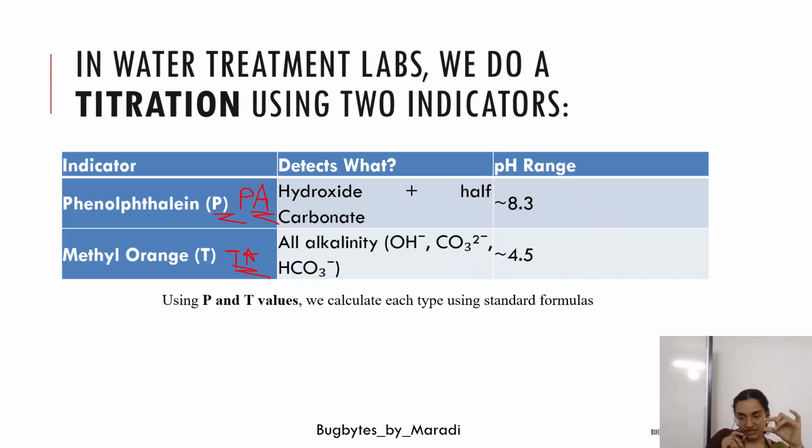So here you should remember that for pH from 8.3 and above, phenolphthalein alkalinity is measured using the phenolphthalein indicator. From 4.5 and above, we use the methyl orange indicator to measure total alkalinity, that is carbonate, bicarbonate, as well as hydroxide alkalinity. That is very much important.